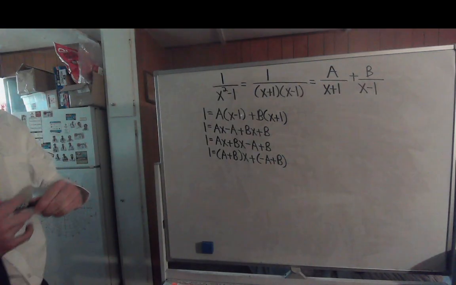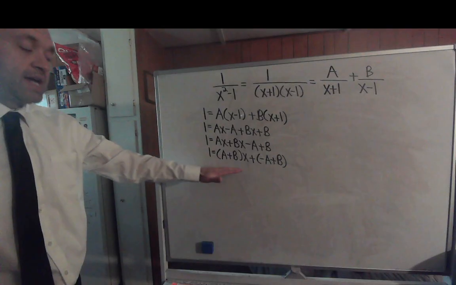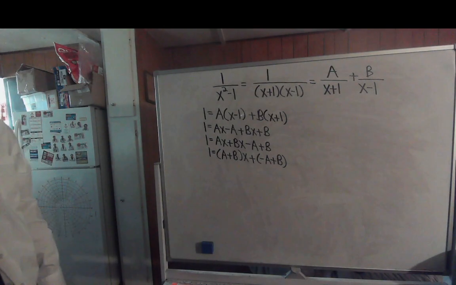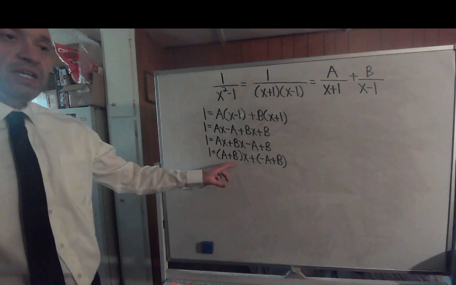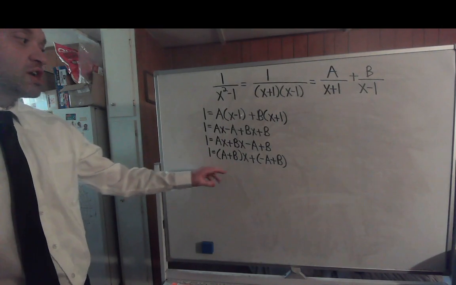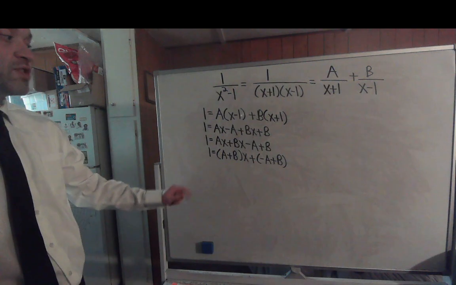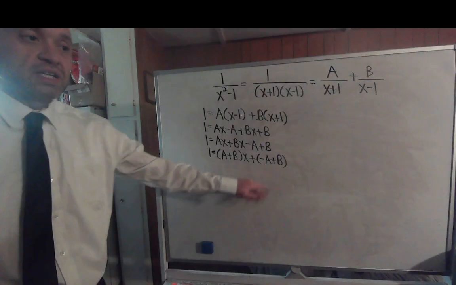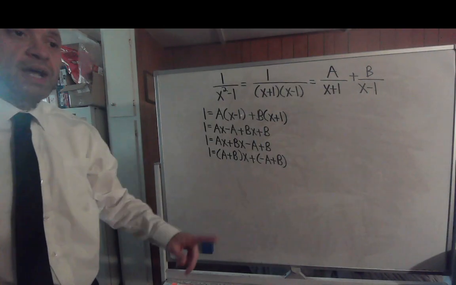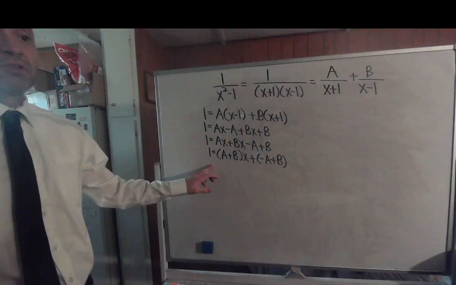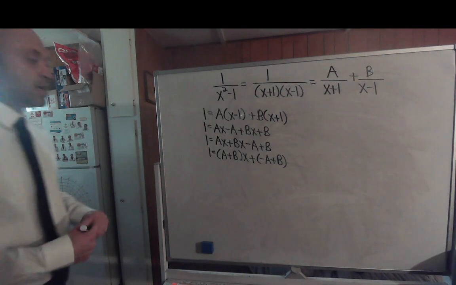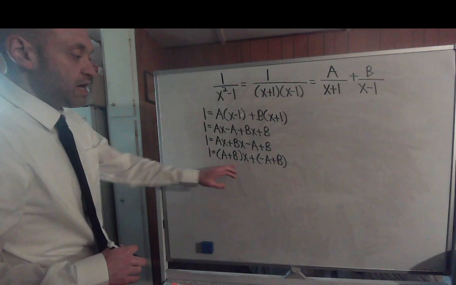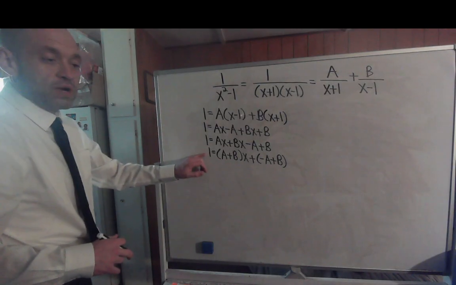Alright, so what are we going to do with that? So that a plus b is going to be matching the coefficient of your x to the first term on the left-hand side, and then that negative a plus b with no variable should match the constant term on your left-hand side. If we look here on the left-hand side, you have no x to the first term.